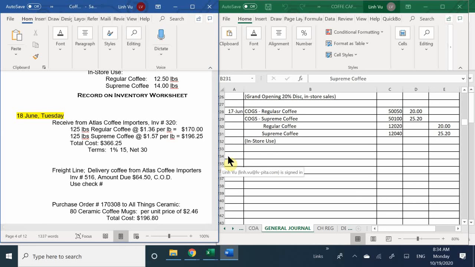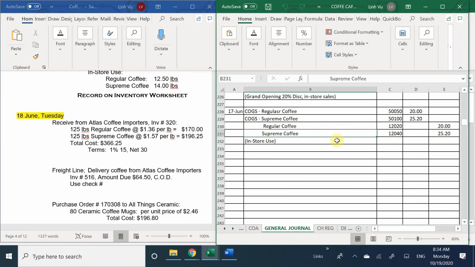Debit the item that we received. Wait, hold on a second. It seems like the COD is separate. Okay.